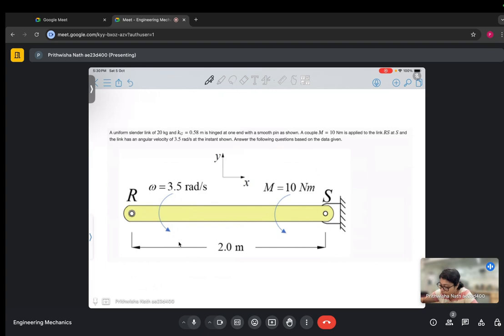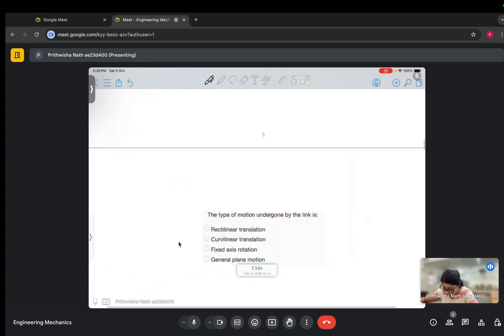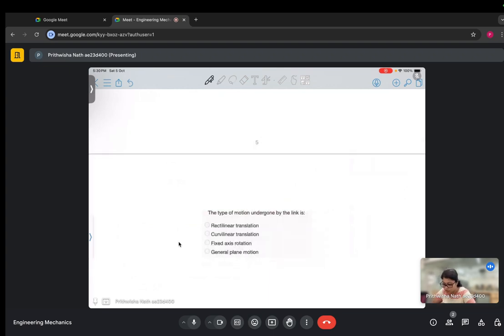So what we need to calculate is, first question is, what type of motion is the link undergoing? So what is the motion?